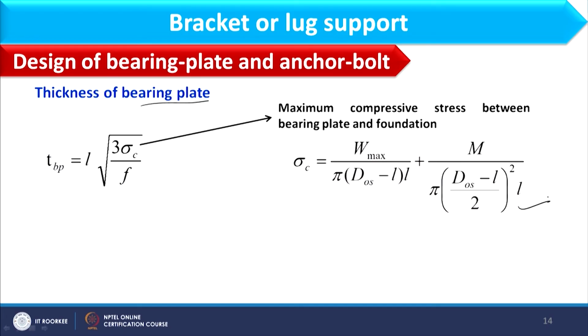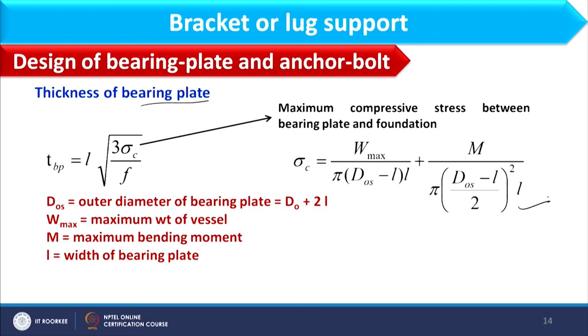Here DOS is the outer diameter of the bearing plate, usually the outer diameter of the shell plus 2L.